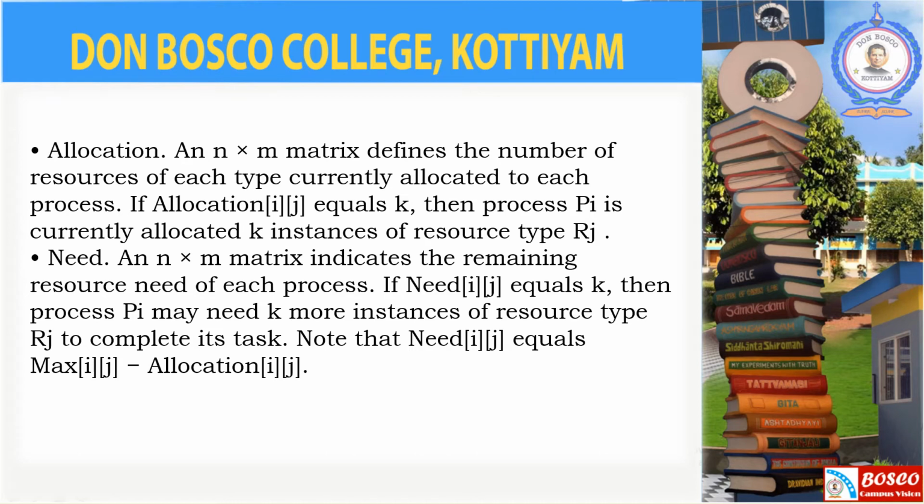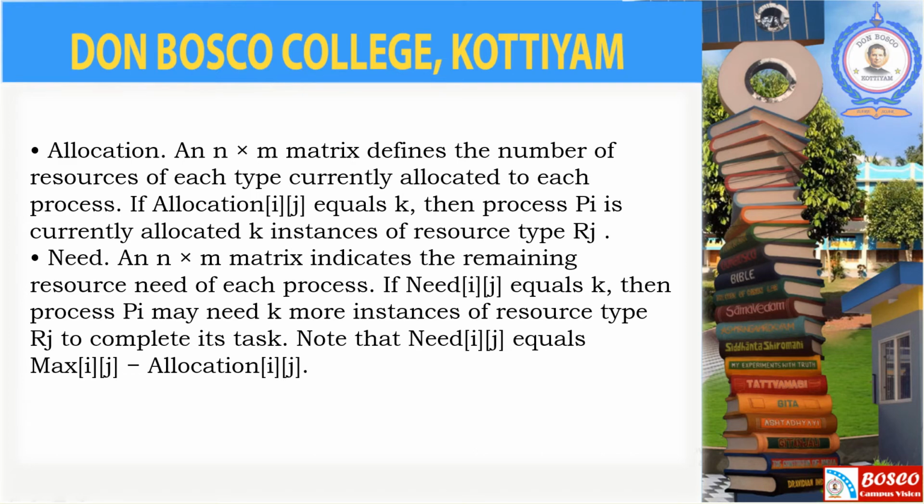For example, if Allocation[i][j] equals k, then process Pi is currently allocated k instances of resource type Rj, that is, it is holding them.